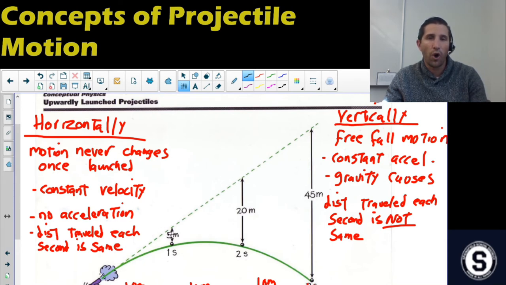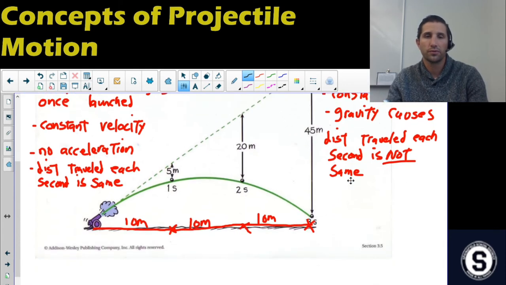The amount that it falls from this dotted line gets bigger and bigger because it's accelerating downwards as it moves through the air, and it accelerates downwards because of gravity. But again, to repeat for emphasis, the horizontal motion and the vertical motion don't impact each other in any way at all. This is separate from this, and they don't interchange.